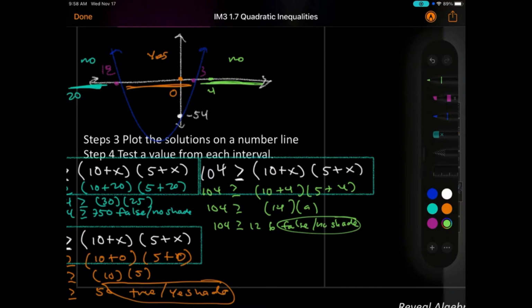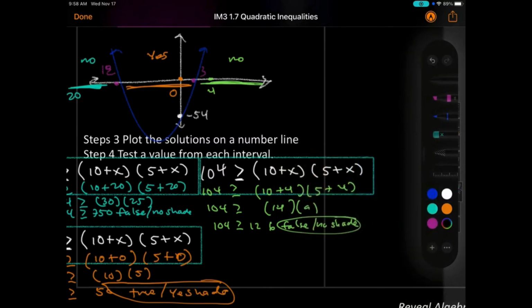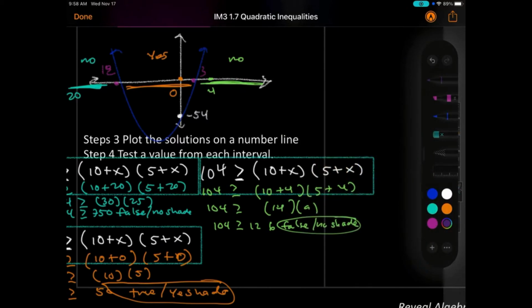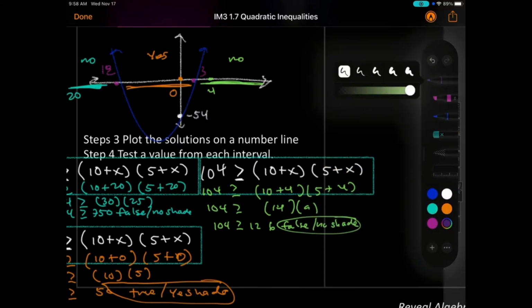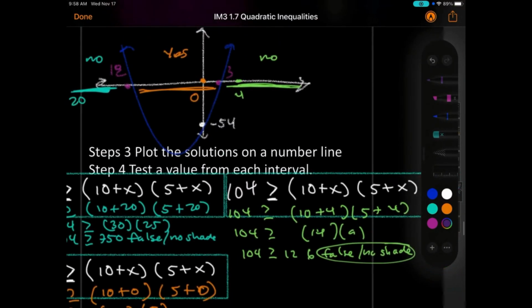So let's get another color in here that I have not used. Let's try purple. And let's make it a little bit thicker. Chose the wrong one. So basically my solutions are here in purple that I'm drawing.